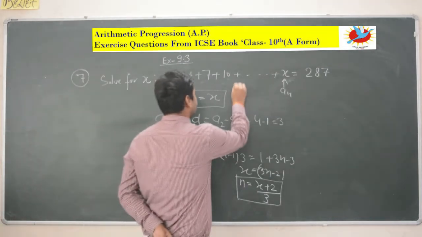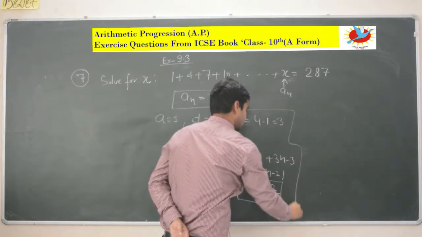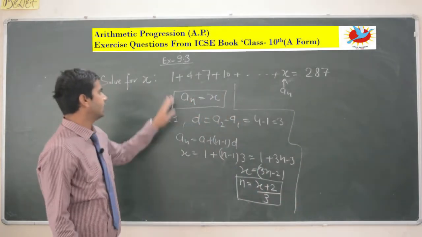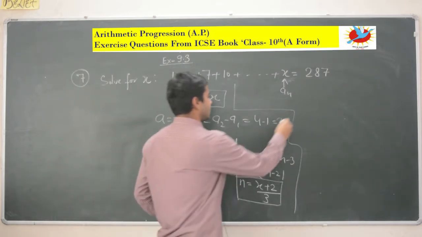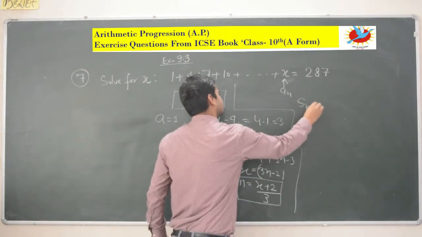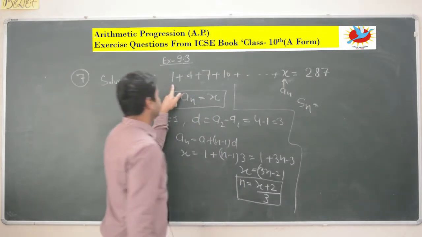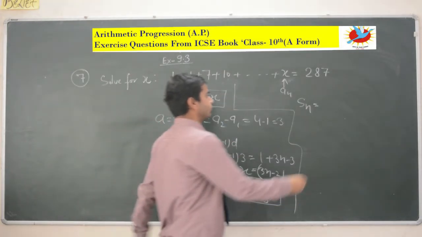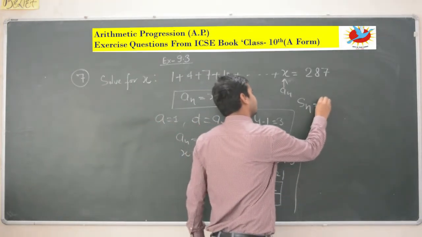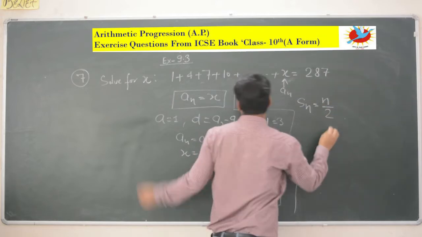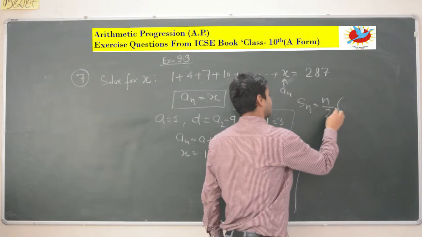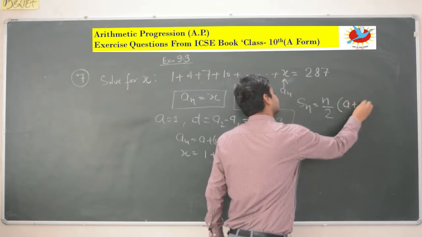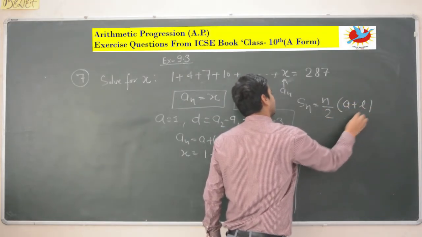In our earlier classes I have told that if we add n terms of an AP, we will get the sum as Sn. If the first term and last term are known, the formula of Sn was n by 2 into a plus l, where n is the number of terms and l is the last term or nth term.